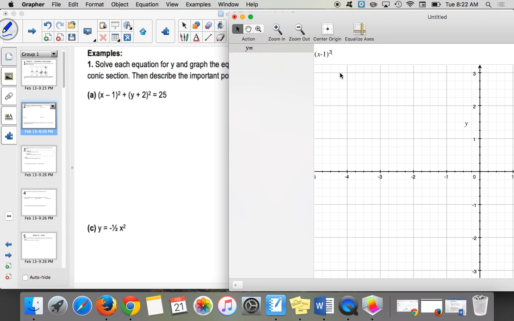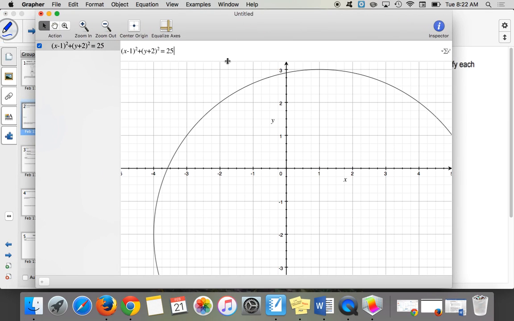I do my little caret, so I use the button that looks like the little triangle pointing upwards, right? And then plus y plus 2, and then raised to the 2. And then, oops, equals 25. So I can put that in, and you guys can see the shape.